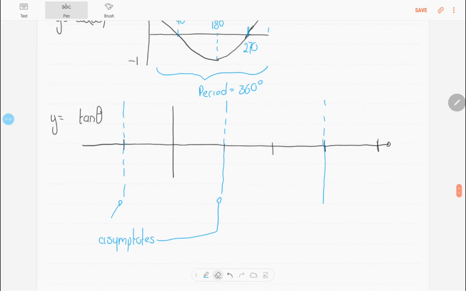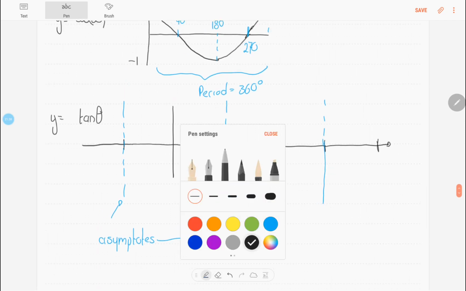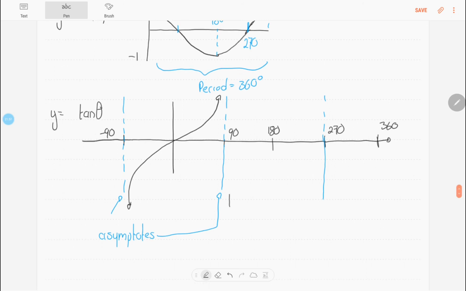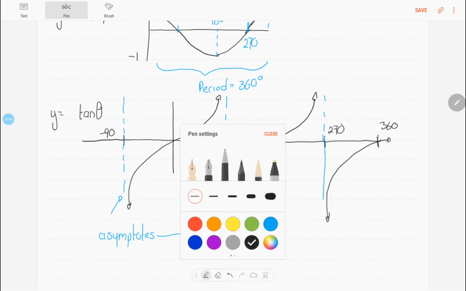We fill in our values: minus 90, 90 degrees, 180, 270, 360. Our graph goes from negative infinity through the origin and back up to positive infinity. We draw in our arrows. We go from negative infinity up to positive infinity. Once again, that's only half our graph.